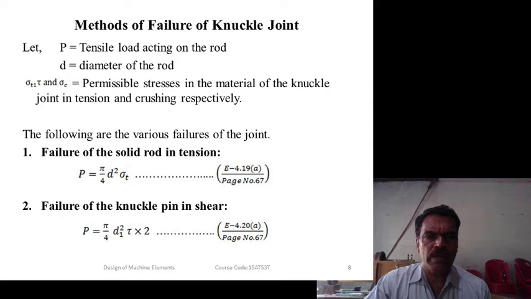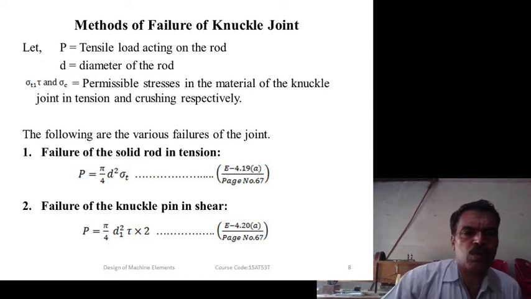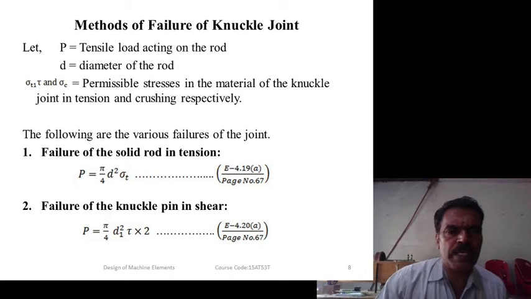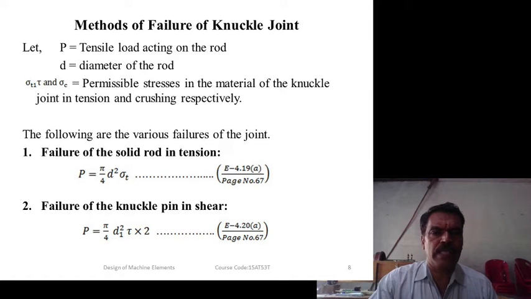Okay, so the following are the various failures of the joint. The first point is failure of the solid rod in tension. At the side of the rod it may fail. Using the relation, load is equal to area into stress, that is tensile stress, because tensile load is applied.